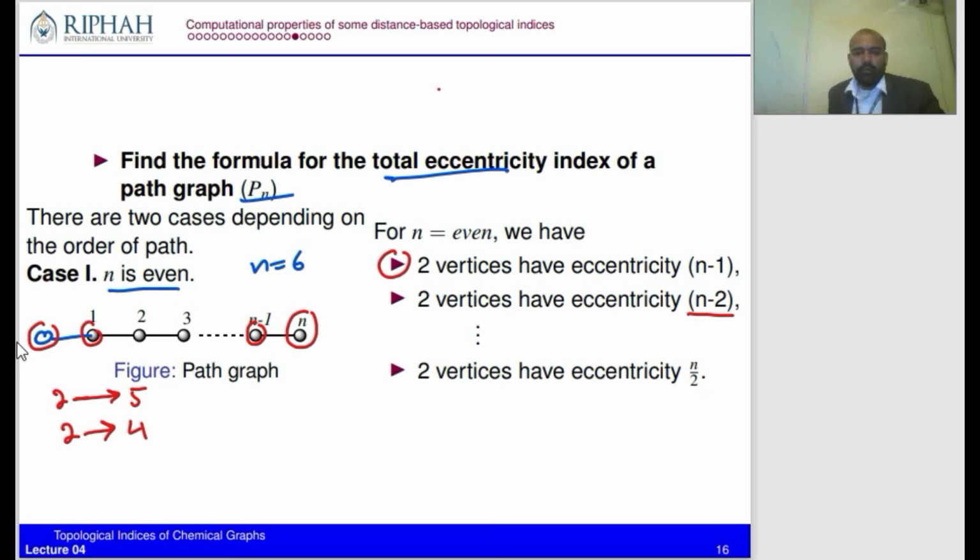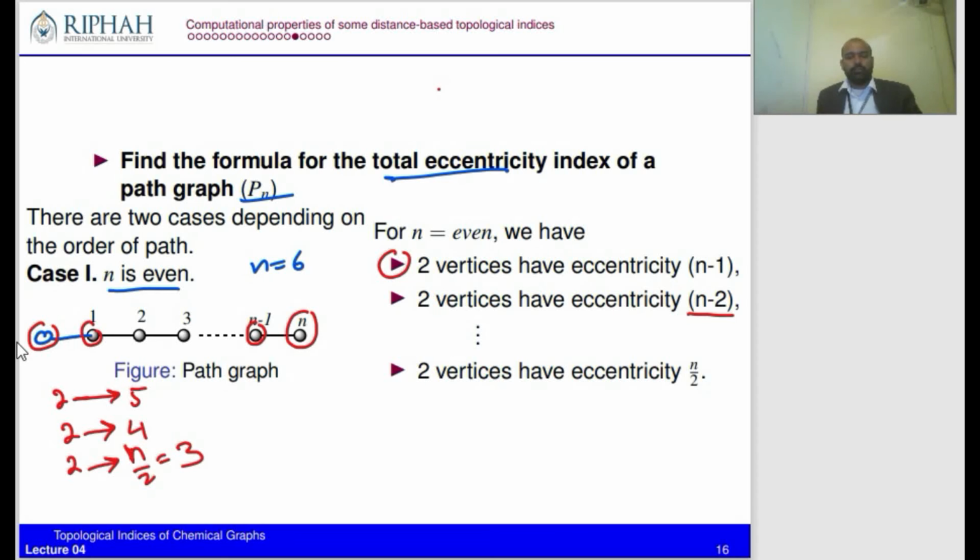Continuing in this way, we observe that for every eccentricity there are two vertices, for eccentricities 5, 4, and n by 2, and n by 2 means 3. So this is an easy observation for the eccentricity of every vertex in a path graph.